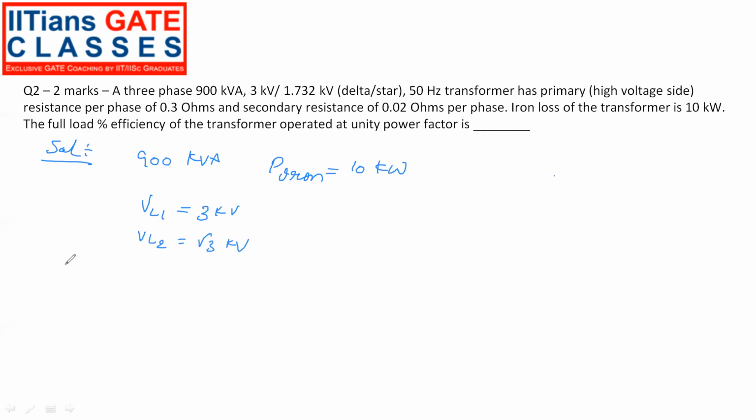The line current on the primary side can be given as IL1 equal to kVA rating by root 3 times VL1. Why? Because it is a delta connection. So if you do that, you'll be getting 900 into 10 cube by root 3 into 3 into 10 cube. This gives us 173.2 amps.